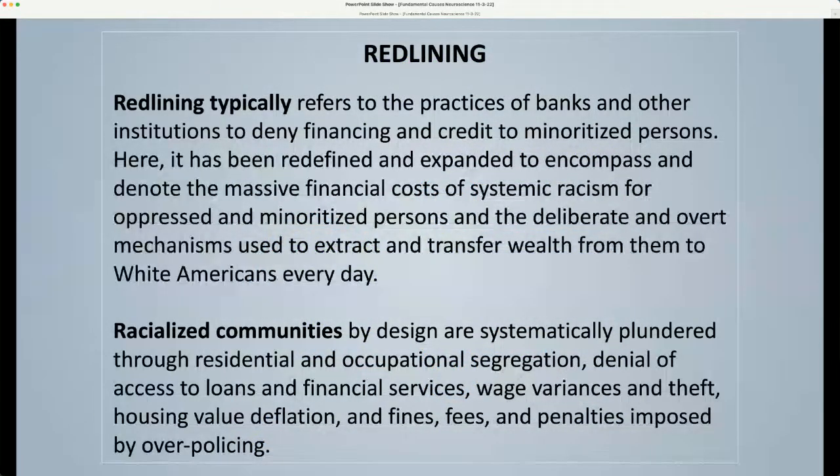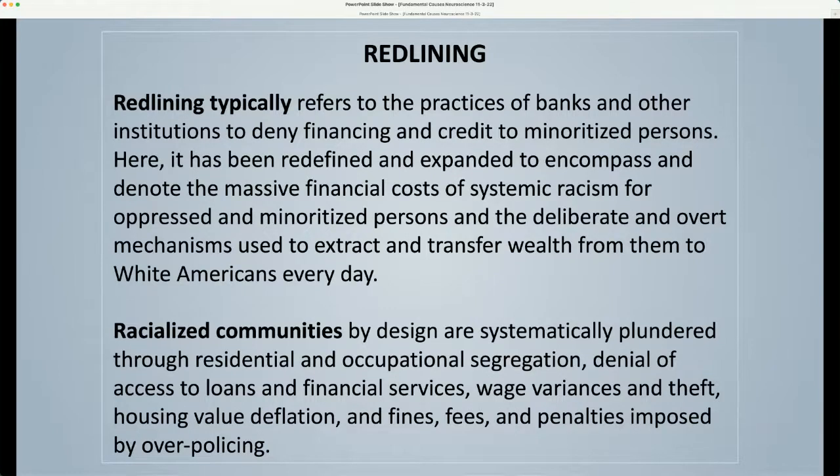Redlining typically refers to the practices of banks and other institutions to deny financing and credit to minoritized persons. Here, it has been redefined and expanded to encompass and denote the massive financial cost of systemic racism for oppressed and minoritized persons, and the deliberate and overt mechanisms used to extract and transfer wealth from them to white Americans every day.